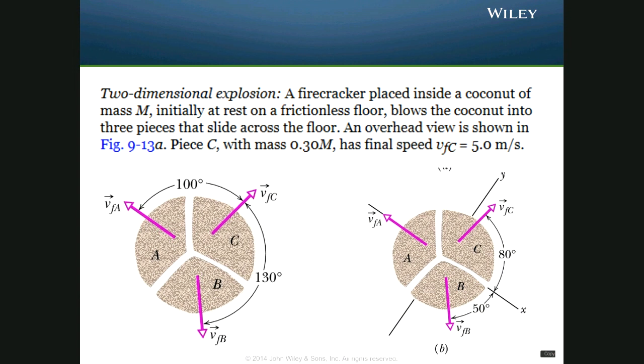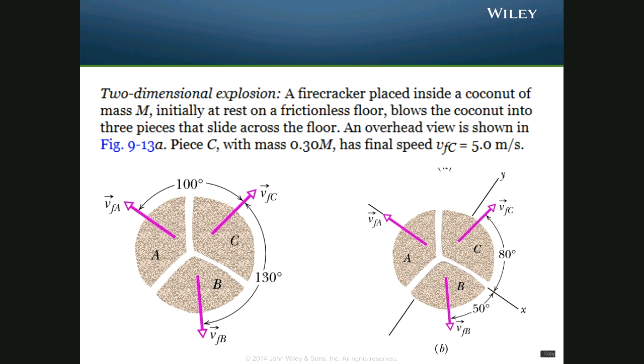Initially, it rests on a frictionless floor. It blows the coconut into 3 pieces that slide across the floor, and an overhead view is shown in this figure. Piece C has a mass of 0.3 m and a final speed of 5 meters per second. What we want to do is figure out what the final speeds of each of the next 2 parts are.